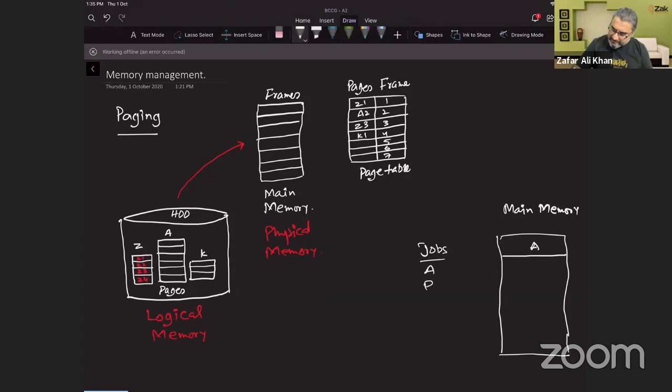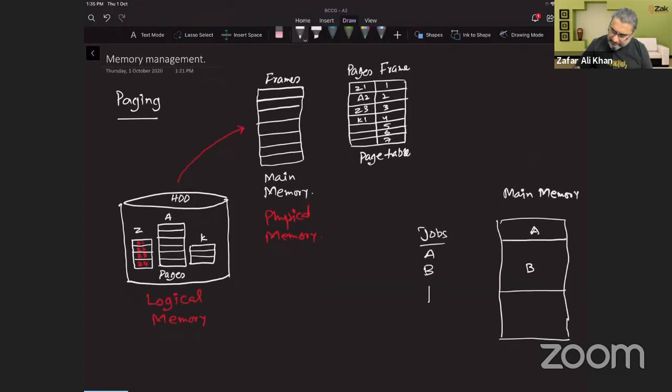And then there is another job B, which is loaded here. And then there is a job C, which is loaded here. And then it is free memory. And then there is job D.